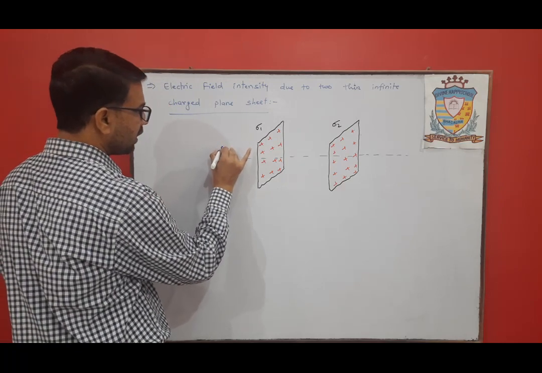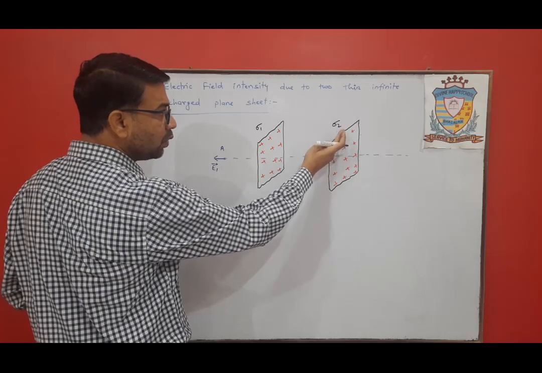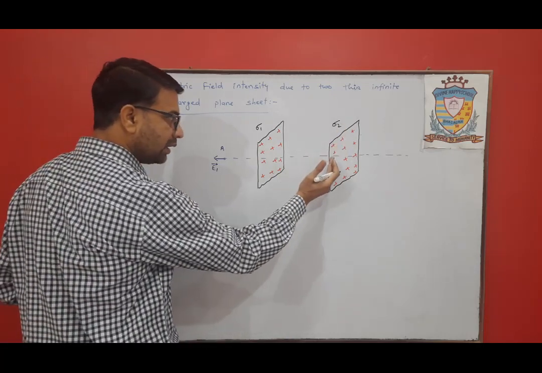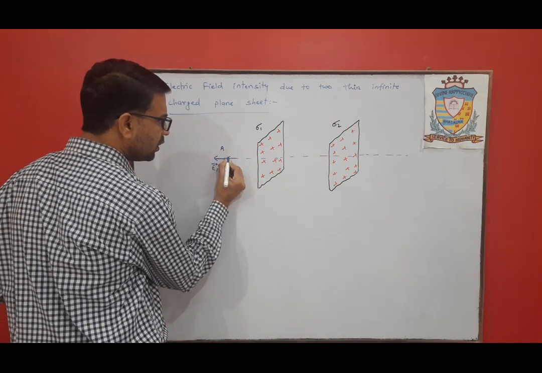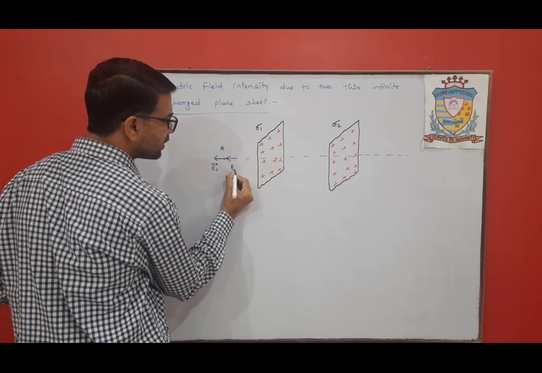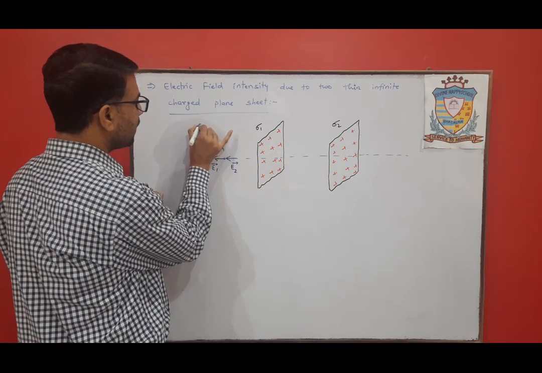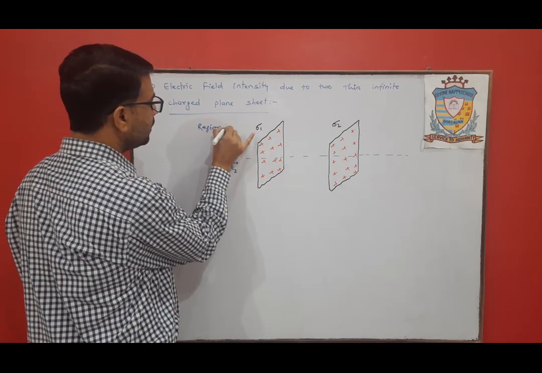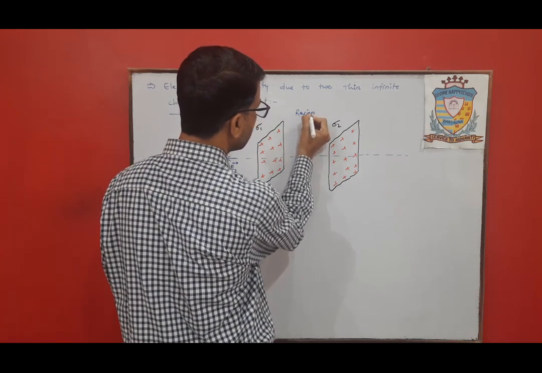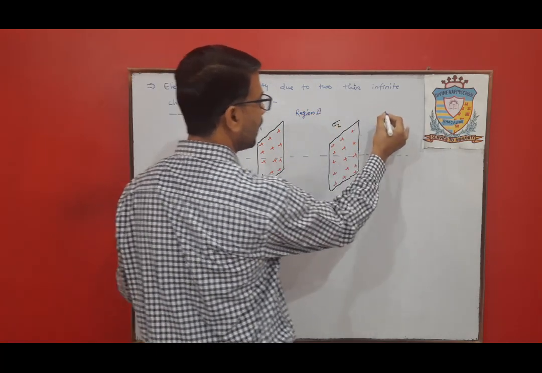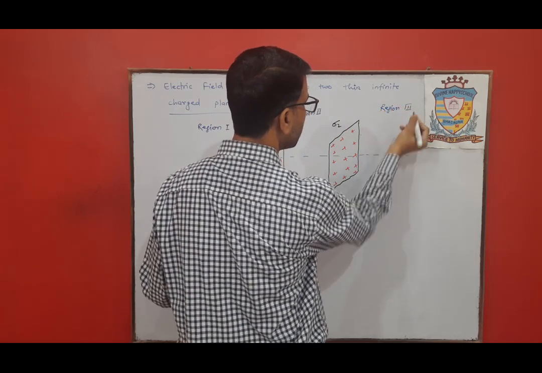Let this point be A. And what about the electric field intensity due to plate 2? This again should be radially outward. So this will be the direction of electric field intensity due to sheet 2. Now let this be region 1, region 2 and this is region 3.